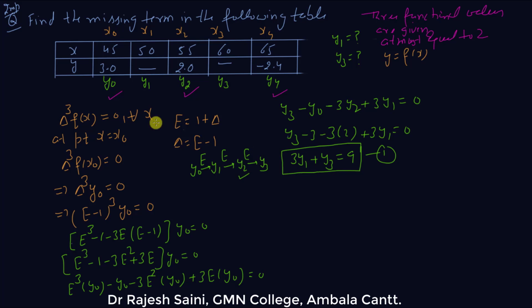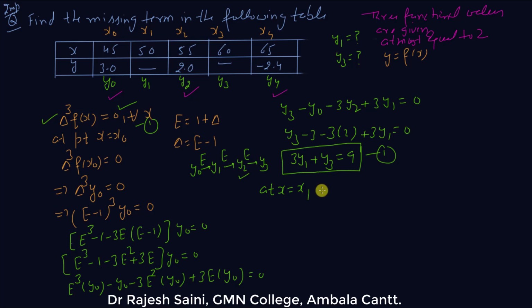We know the same result, that delta cube f(x) is equal to 0. Because we need another equation, we are exploring ways to obtain the second equation. So we have only this ray of hope, and now I am going to explore at x equal to x1.